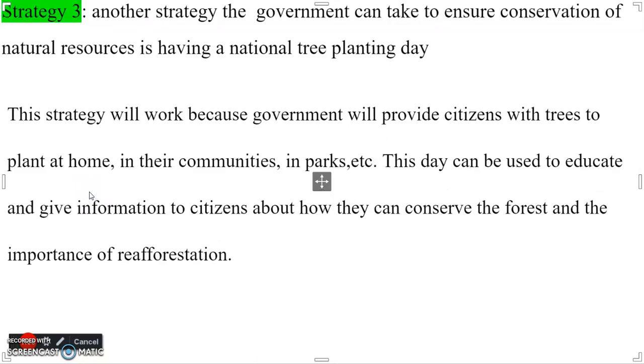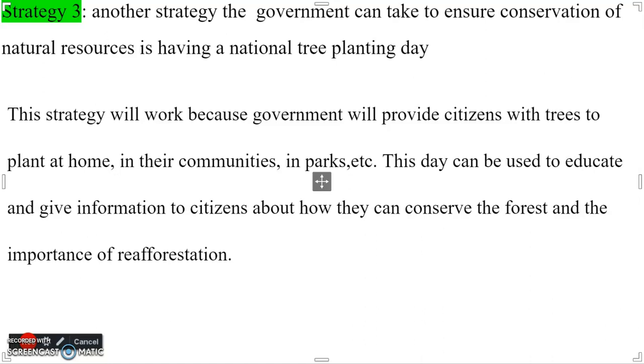Another strategy that the government could use to encourage the conservation of natural resources is having a national tree planting day or a national resource day, right? Why do I believe that this strategy will work?